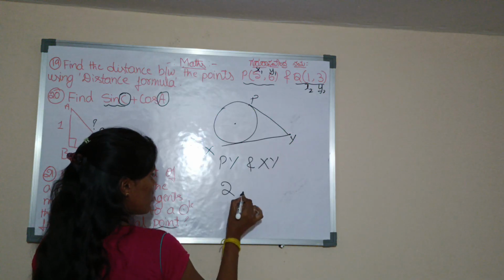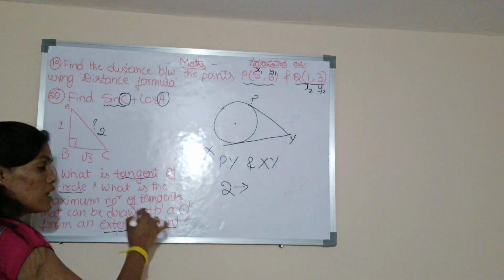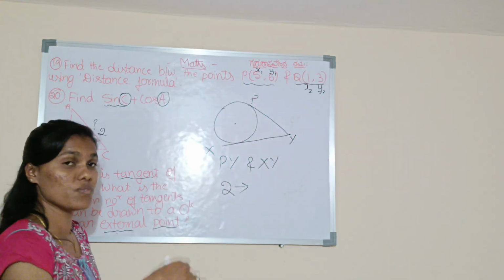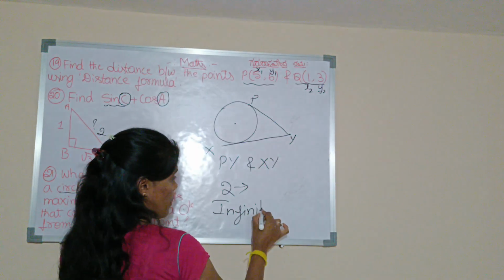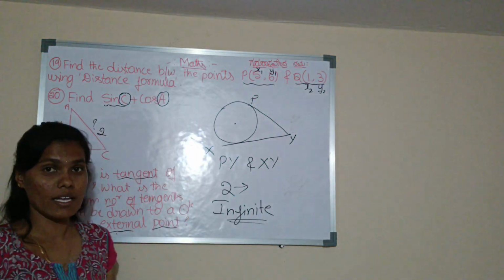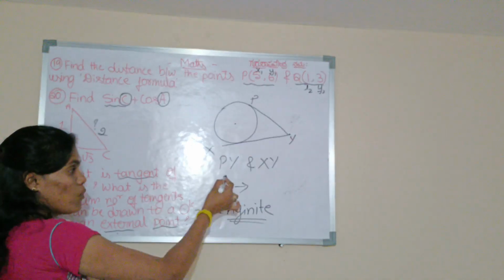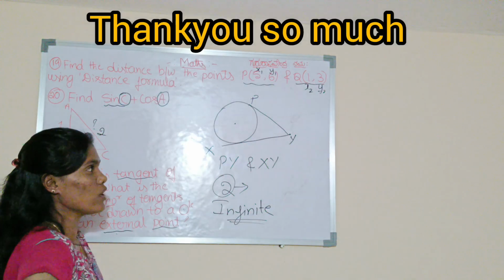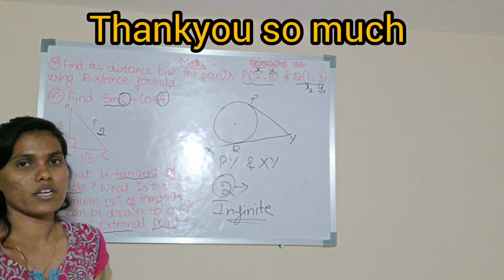Two tangents we can draw to a circle from an external point. But for a circle in general, we can draw an infinite number of tangents; from an external point only two tangents. Here Y is an external point, and P and Q are the contact points.